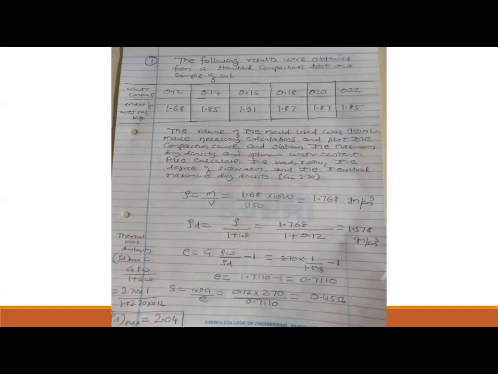To draw a compaction curve, what are the things needed? To draw the compaction curve, things needed are water content and dry density. Water content is given to you. Now you find the corresponding dry density. To find the dry density, first we need bulk density. And for that, mass is given, volume is given.